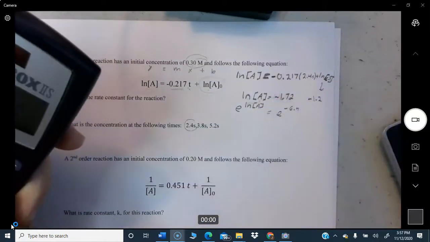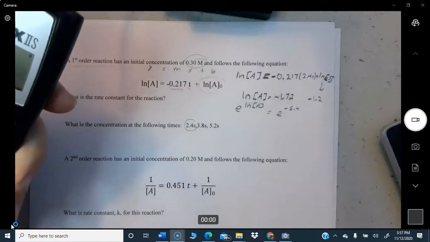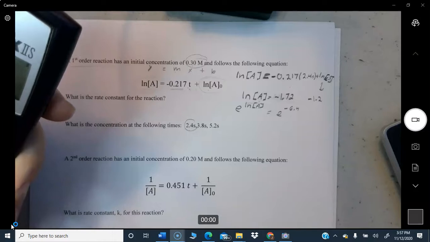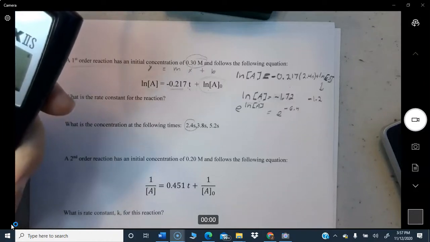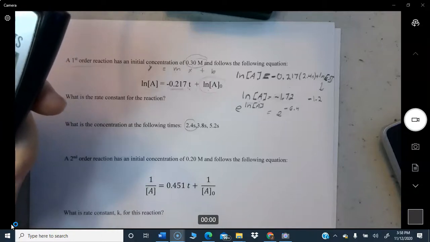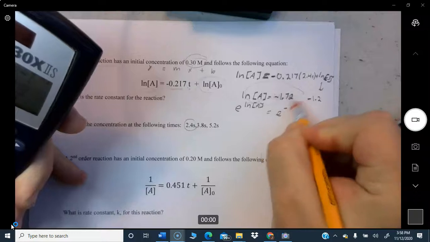Let me do it again. Negative 0.217 times 2.4 minus 1.2. And yes, that's what you should have. So that's what you should have up here in this exponent.